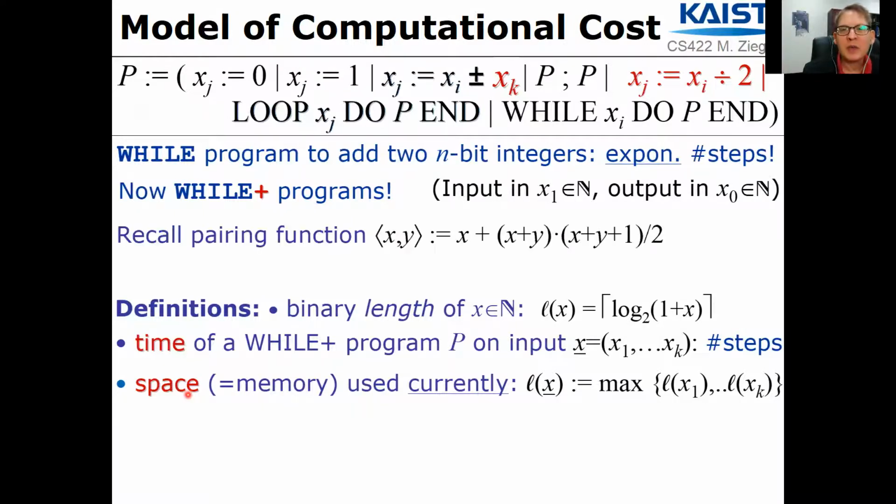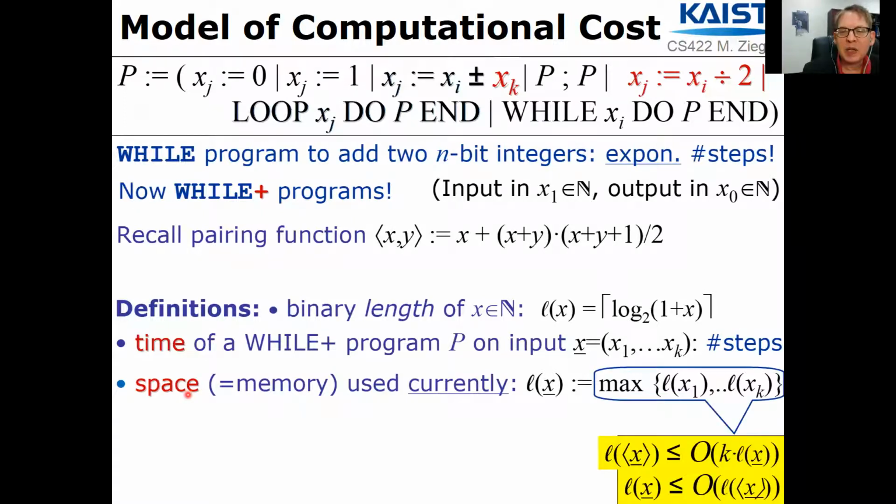amount of memory. We've recalled our pairing function and observed that the pairing function and its inverse can be computed in time polynomial in the binary input length.